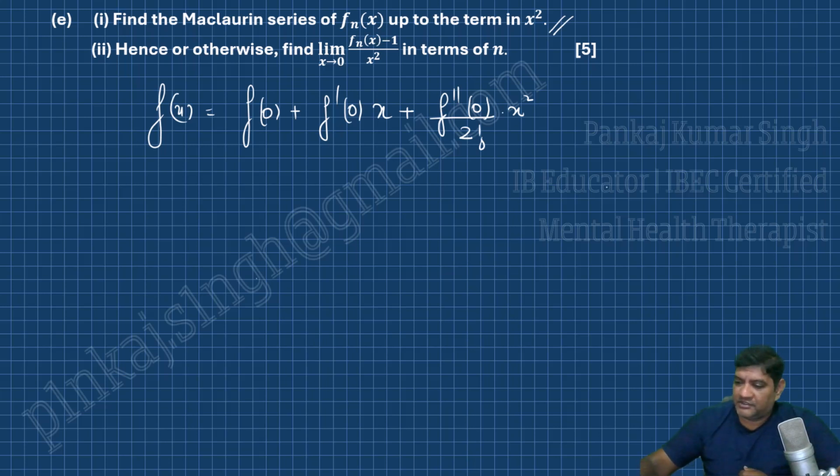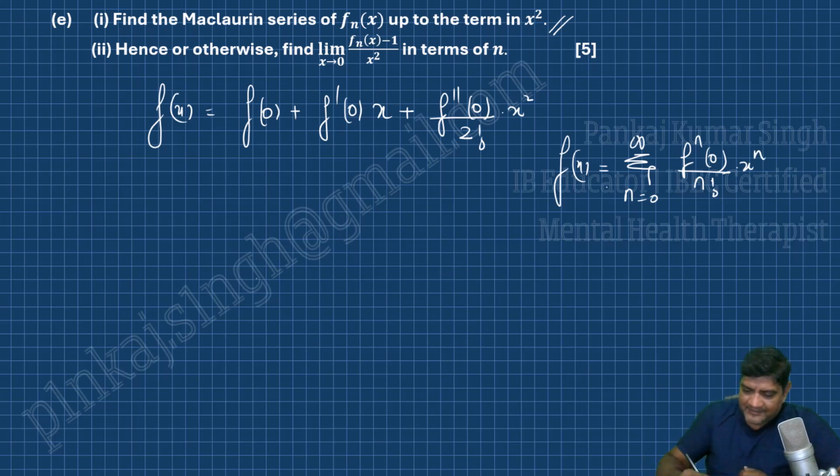You can remember Maclaurin's expansion as this: f of x is going to be equal to summation of the function from n ranging from 0 to infinity, and this is going to be f n of 0 divided by n factorial into x to the power of n. All right, so that's your Maclaurin's expansion.